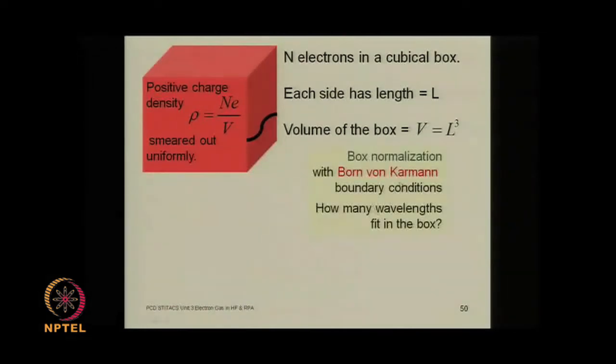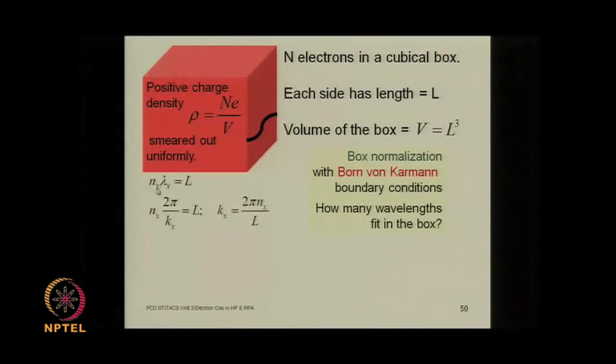Now, we will use the box normalization condition, and we can easily determine how many wavelengths will fit into the box, because here I have got a picture of just one wavelength fitting into the box, but you know that a certain integral number of wavelengths can fit into the box, and this gives you the quantization of the wave vector.